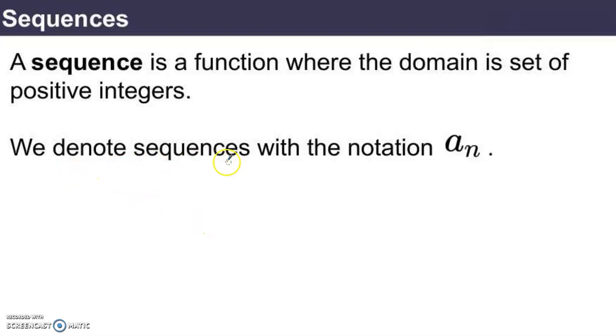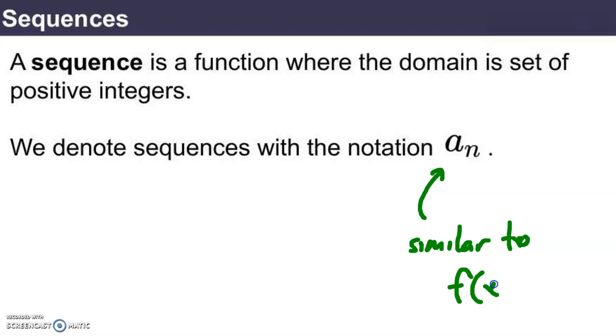Now we denote sequences with the notation a sub n, and that a sub n is similar to the function notation, f of x. So when I refer to a sub n, what I'm referring to is the output, or in other words, the term, the nth output value, or also the output value I get if I let n be that number.